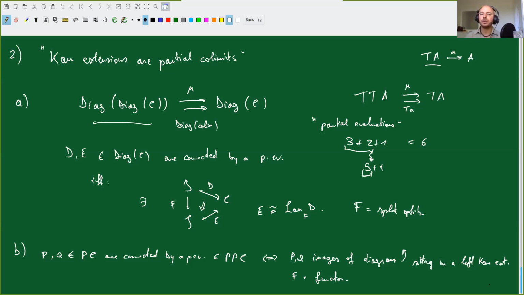So a lot of people think of at least pointwise Kan extensions, and these are pointwise because C has to be cocomplete and I and J are small, as colimits that are done piecewise, and this statement actually makes that intuition extremely precise. That's exactly what's going on if you use partial evaluation and instantiate it for the case of colimits.